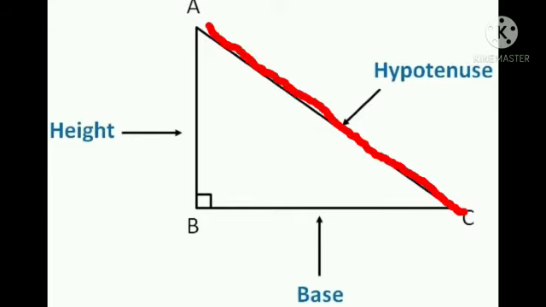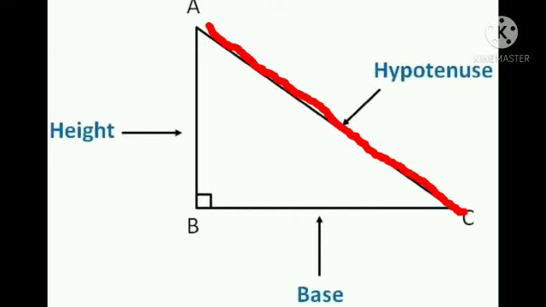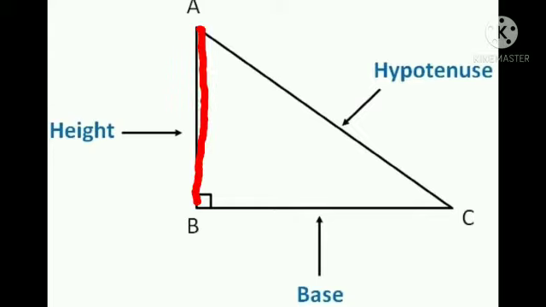So which side is opposite to the right angle? That is side AC. It means side AC is the hypotenuse, because side AC is opposite to the right angle. Clear, everyone? Now AB is the height, BC is the base.